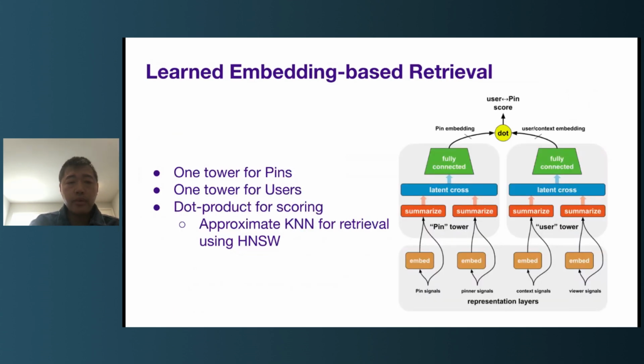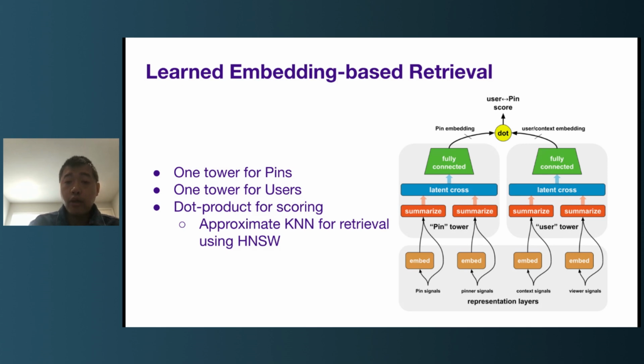So let's start with the retrieval to go a little bit more into the details. During the retrieval, which is the candidate generation step, we have developed learned embedding-based retrieval, where we leverage the two-tower architecture, which includes one pin tower and one user tower. Both towers take content and user signals as input and jointly learn the embeddings using the home feed user interaction data.